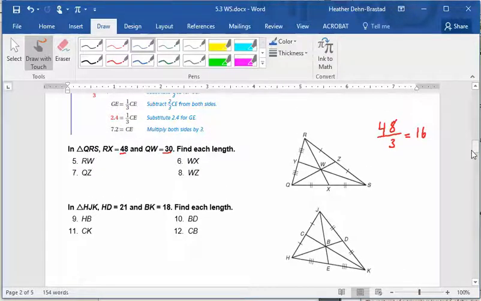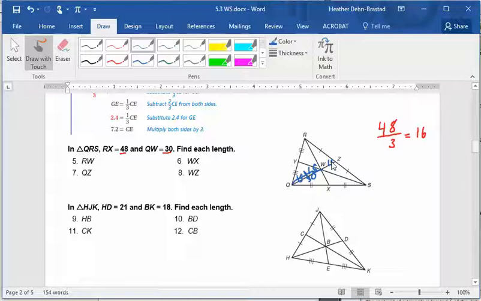So QW is not the whole median, it's only part of it. So QW is 30, not QZ. But we know that 30 is 2/3 of the way up from Q to Z. So if this is 2/3, 1/3 plus 1/3, that's each 15, then we know that WZ is also 15.